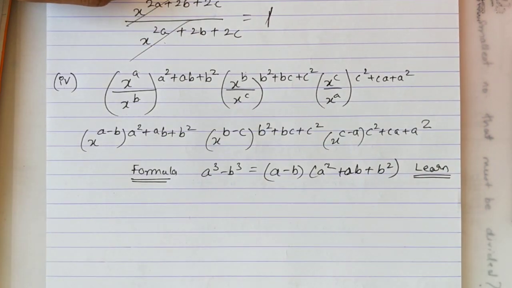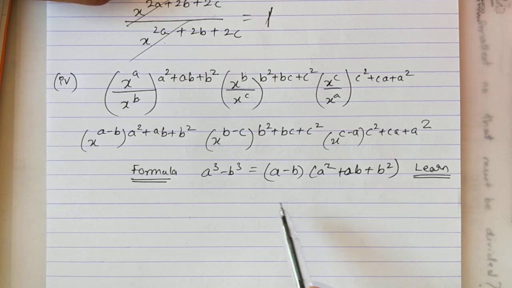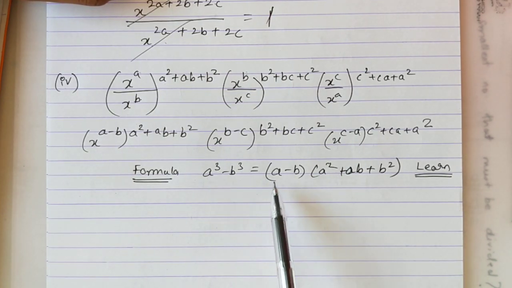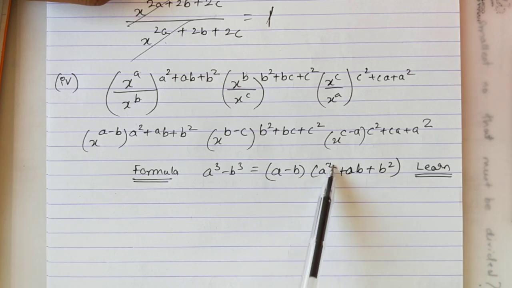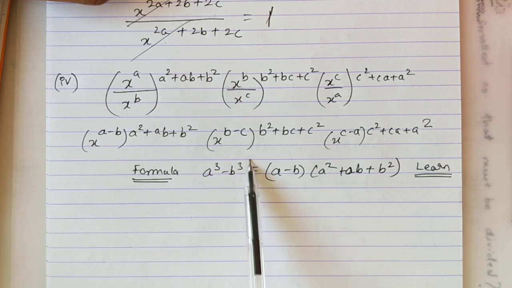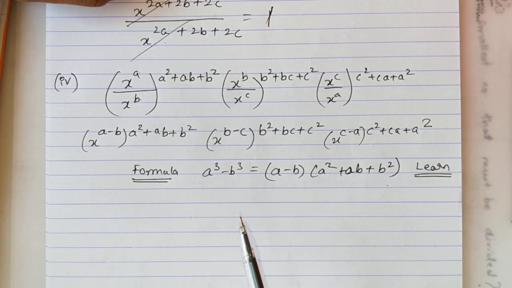Okay, it is helpful in this. Many of you will also do this formula in factorization chapter. Okay, same formula. What is the formula? Whenever you have a minus b, a square plus ab plus b square, you can write as a cube minus b cube. This entire form can be written as a cube minus b cube.